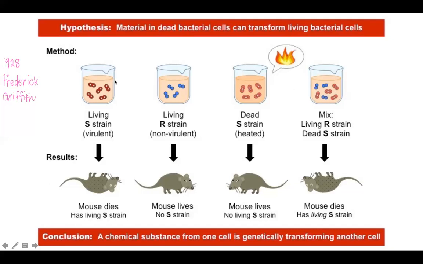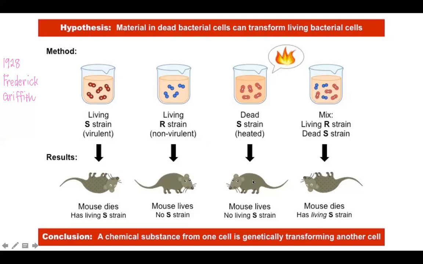So he injected these cultures into 4 samples of mice. The results are that in the first culture, the mouse dies because of the virulent S strain. For the second culture, the mouse is alive because this is the non-virulent R strain.